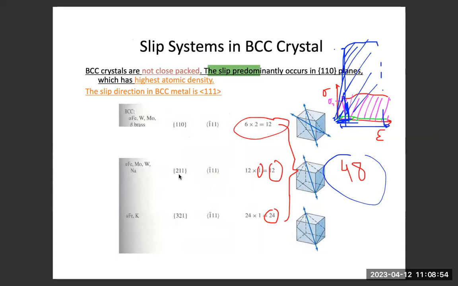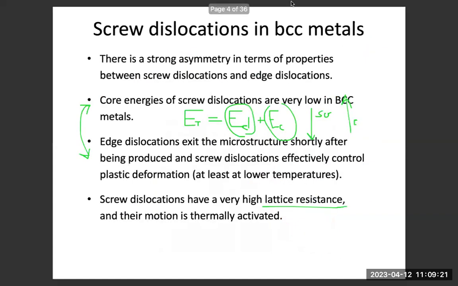For 211, the Burgers vector is always along the 111 direction, and we have 12 slip systems. For the 321 plane and 111 direction, we have 24 slip systems, including the pencil glides. In total, we have 48 slip systems.